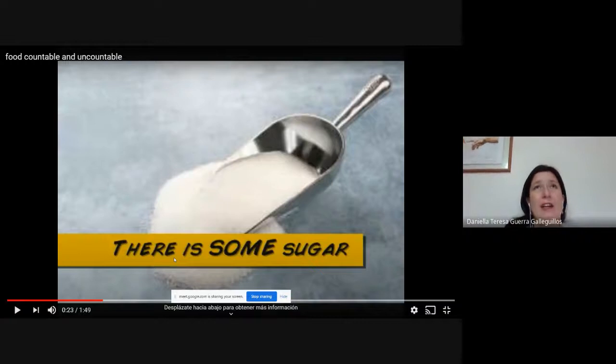Left es que queda. ¿Ok? There isn't any sugar left in the house. No hay nada de azúcar en la casa. Si hay un poquitito nomás, esto quiere decir, hay muy poca azúcar, tú dices, there isn't much sugar in the fridge. ¿Ok? Si tú quieres decir cuánta azúcar hay, how much sugar is there in the house?